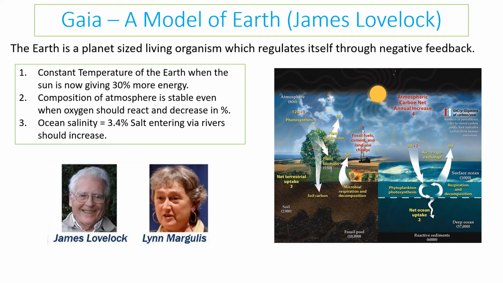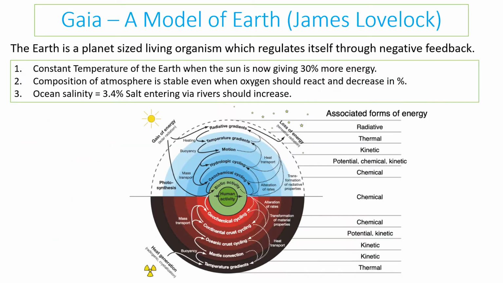And ocean salinity is always about 3.4%, even though salt entering via rivers and erosion should increase that salinity. It doesn't do so. So, said James Lovelock, the Earth is a planet-sized living organism, and those factors make the Earth a stable organism. The Earth regulates its own temperature.